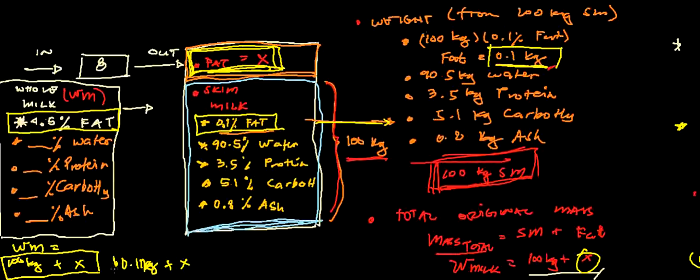To compute the percentage, we only used this initial fat divided by the total weight of the whole milk, to get the percentage of 4.5%.